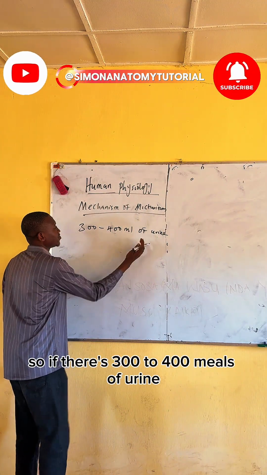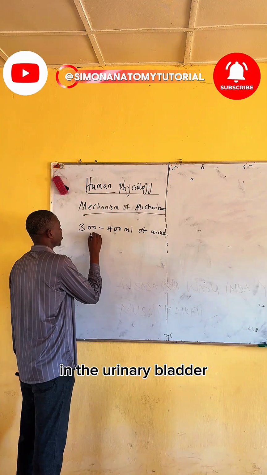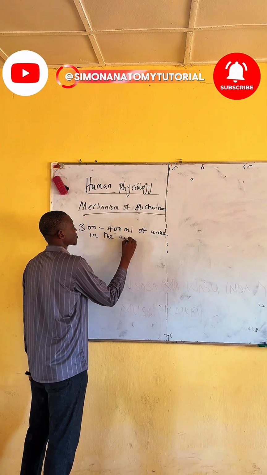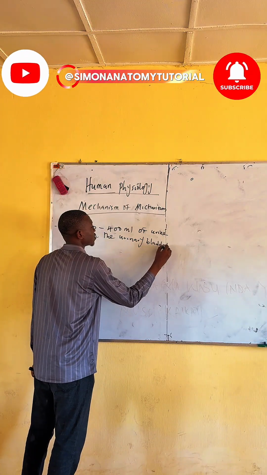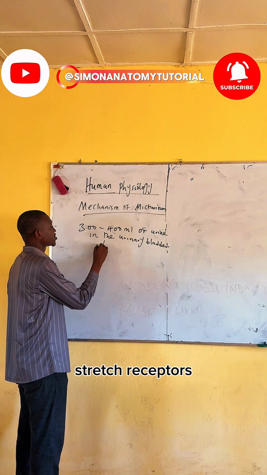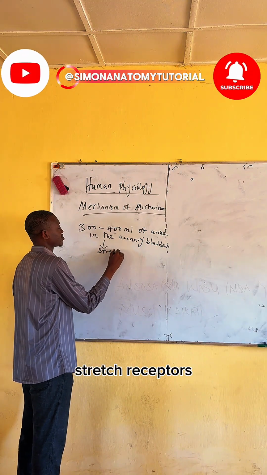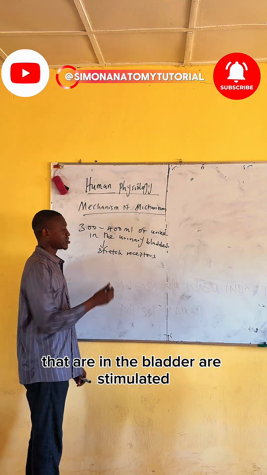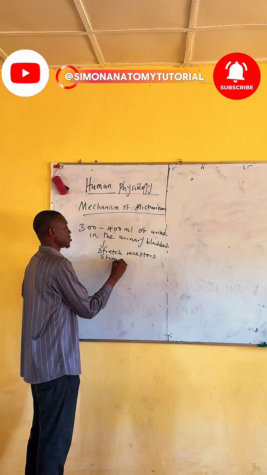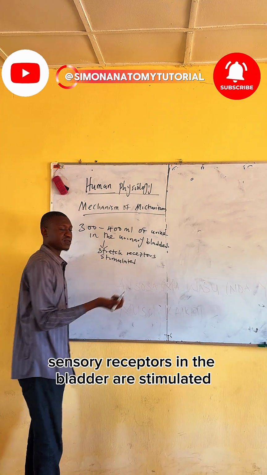So if there is 300 to 400 mL of urine in the urinary bladder, stretch receptors that are in the bladder are stimulated.